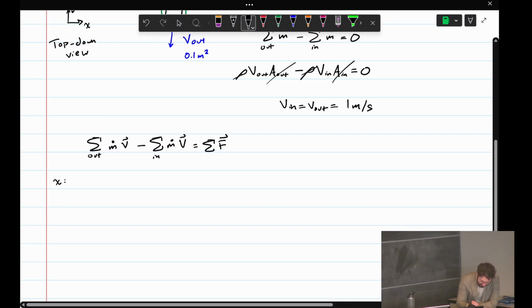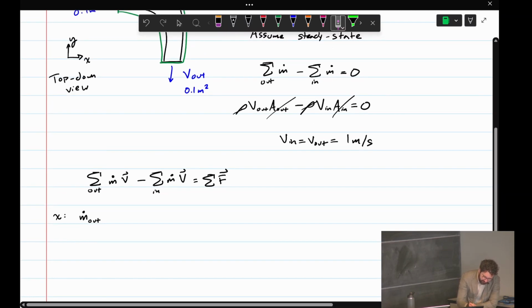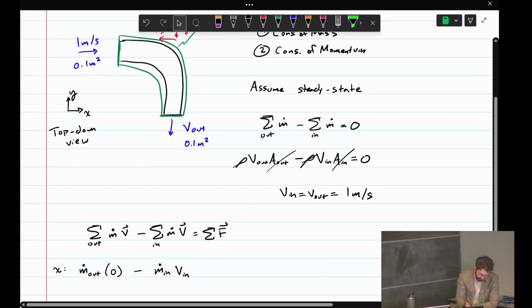So in the x direction, we have m dot out, but v out, the only component this has is in the y direction. So that's going to be 0 minus m dot in v in.